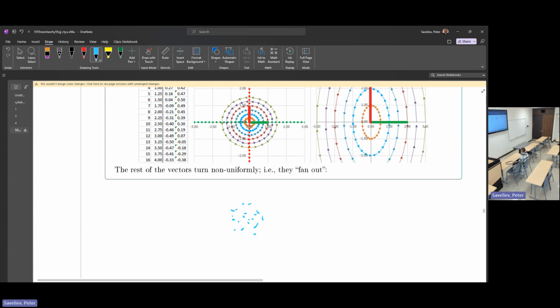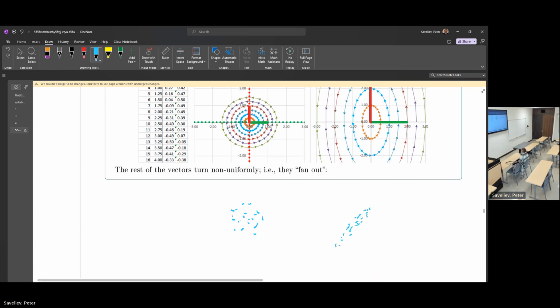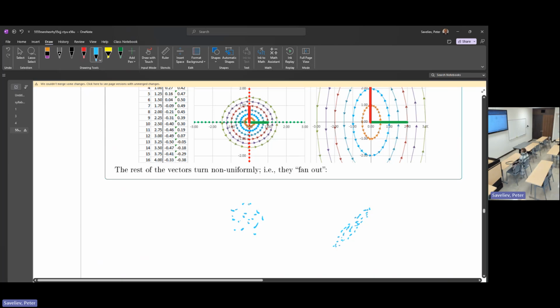It has a center, but otherwise is uniformly distributed. Or you can have something like this. In other words, it's stretched out. To detect in which direction it is stretched out is basically finding, roughly speaking, an eigenvector.